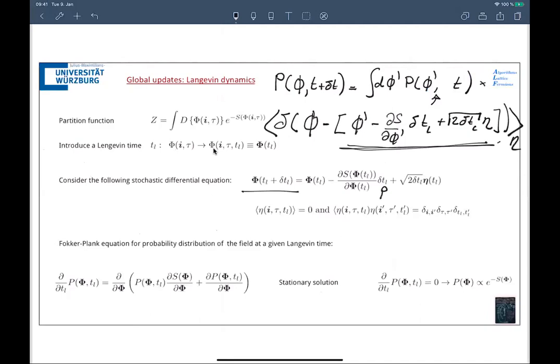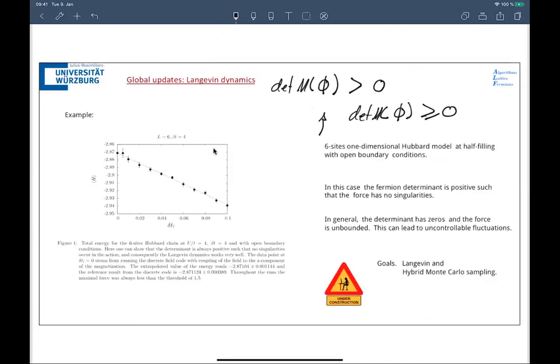The big problem of the method for the moment is that even if you have no sign problem, the determinant has zeros. If the determinant has zeros, the action has logarithmic divergences, then the force also has logarithmic divergences, and the code can go unstable.